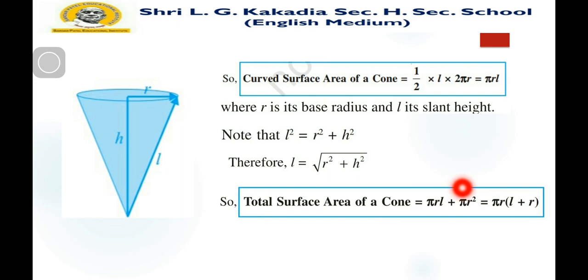Then the total surface area of a cone is equal to pi r into L plus r. By using these two formulas, we can find the curved surface area and the total surface area of a cone. So let me solve some examples using all these formulas.